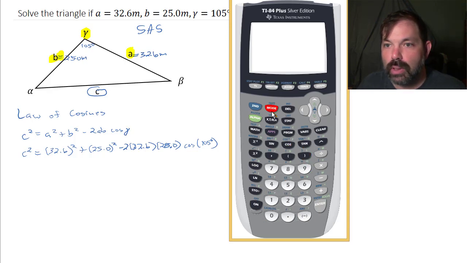And we calculate this. Let me check my mode. I'm in degree mode. All right, so let's enter that.